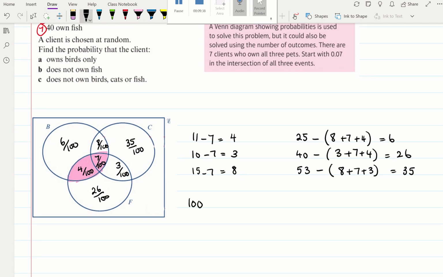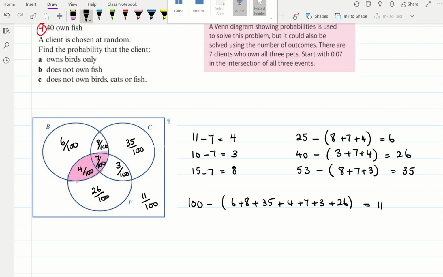So let's check. 100 minus 6 plus 8 plus 35 plus 4 plus 7 plus 3 plus 26. And you put that into your calculator and you get 11, which means that's 11 out of 100, or 0.11.